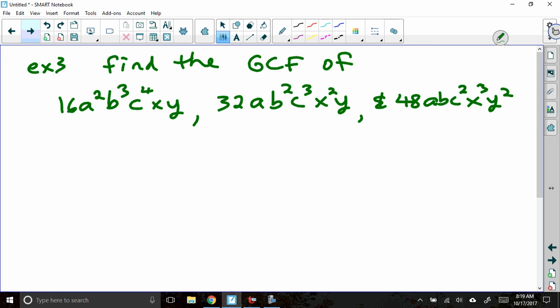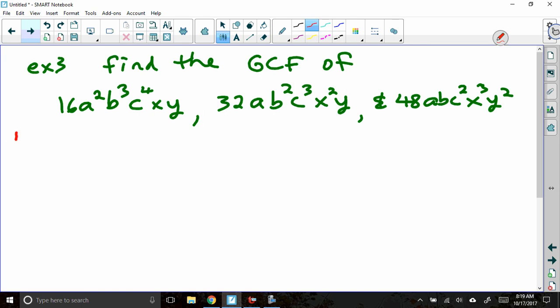Let's see if we can find the GCF here. So when you look at this, remember LCMs have to be at least as big as the biggest one, but GCFs can be much smaller. So we got to look at each term individually.